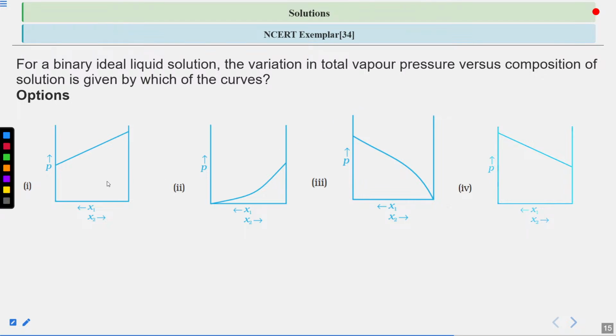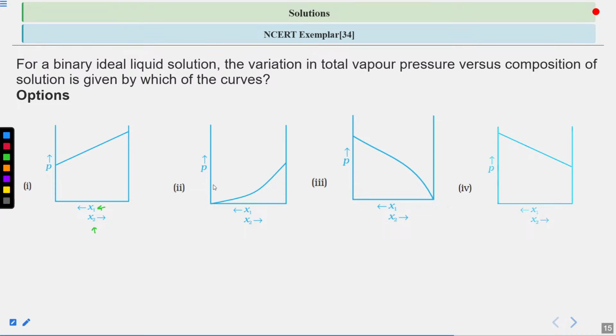Okay, so you can see we have four options, or you can say we have four given figures. The first figure has the graph between the total vapor pressure versus the composition of solution, that means x1 and x2, or you can say the mole fraction chi1 or chi2. This is the graph which is increasing.